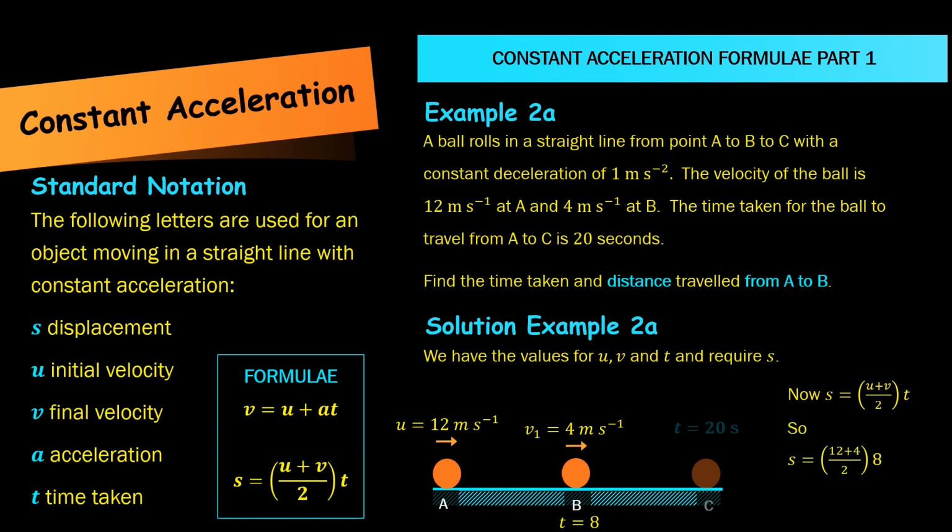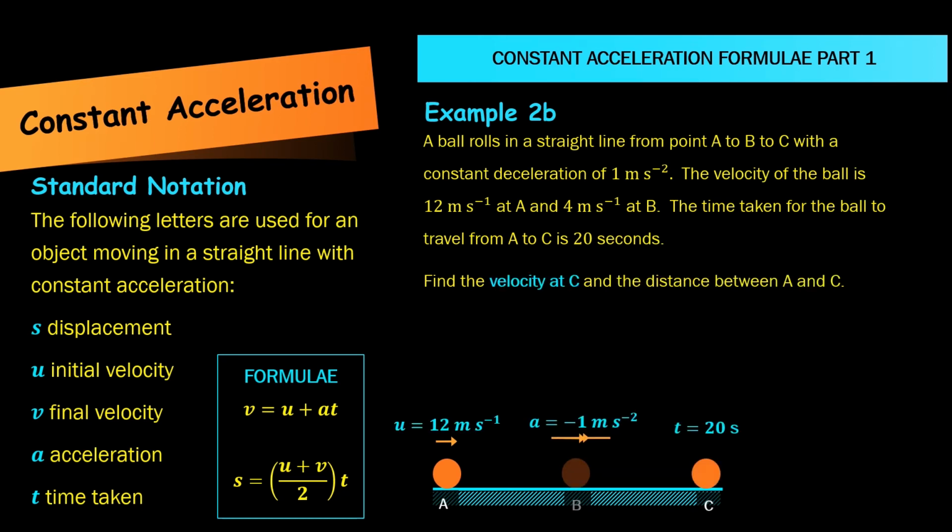So plugging in all the values, u equals 12 here, v equals 4 here, and time t equals 8 here, we can find s. And of course this gives us s equals 16. And we're measuring distance in meters.